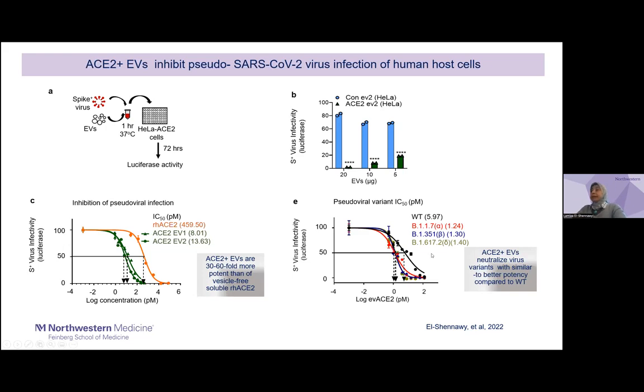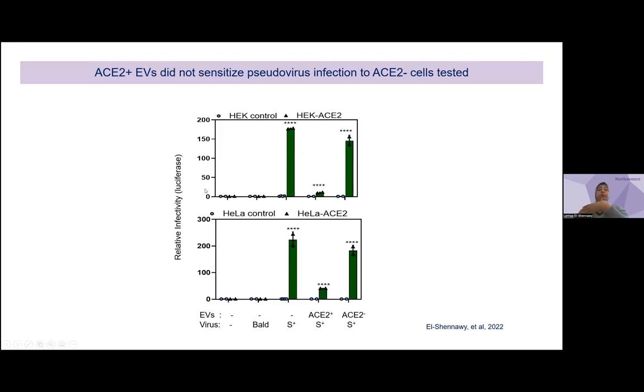So we had the nice cell-based assay, we had the pseudovirus, and so we wanted to find out if this is true with the live virus. But before I move to this, I would have to confirm that, with the pseudovirus, our vesicles did not sensitize ACE2 negative cells to infection. And you can see here in blue, these are the ACE2 negative cells, and in green are ACE2 positive cells.